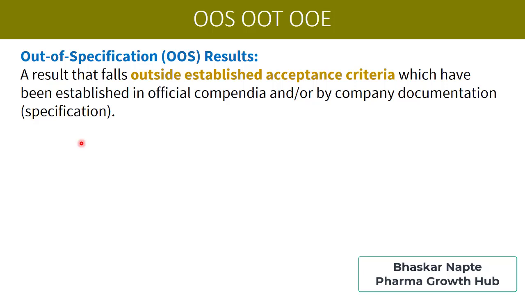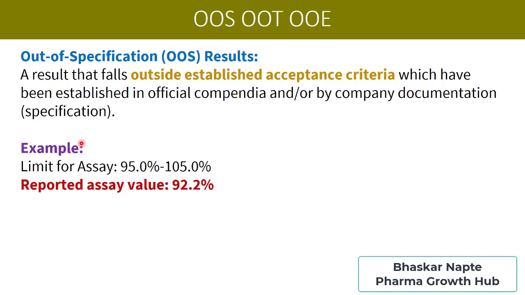And during the analysis, maybe at the release time, you have found that for some reason the assay result is not within 99 to 101%, then you can say now I have come across an out of specification result for assay. And this is another example for your understanding.